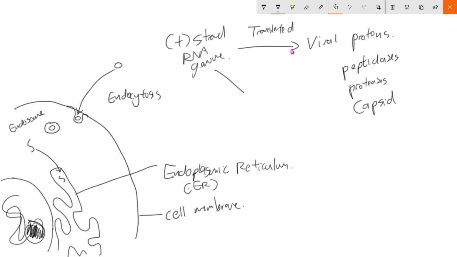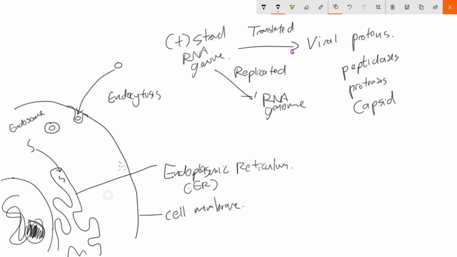The genome is also replicated to create more copies of your RNA genome, which is what's going on here in the endoplasmic reticulum. You're creating more of this RNA genome as well as all these proteins required, and they're being transported over here, ready to package.